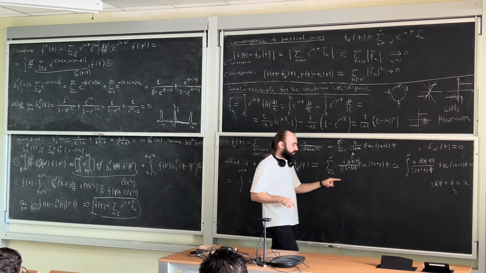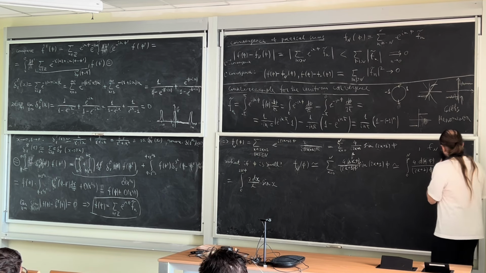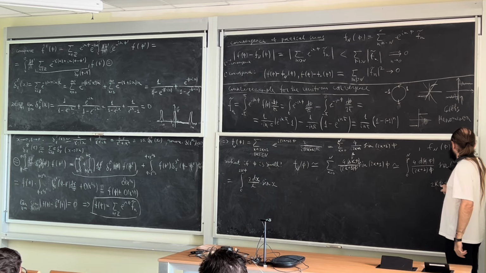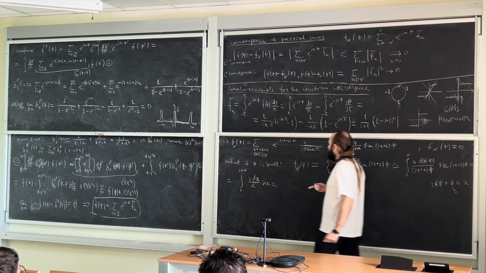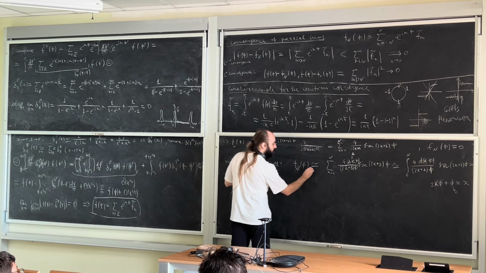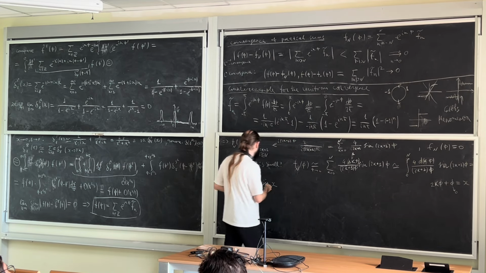So we change k by 1, shift this x by phi, and phi goes to 0. So when phi goes to 0, we can do like this.